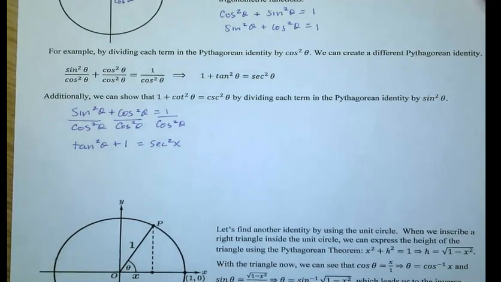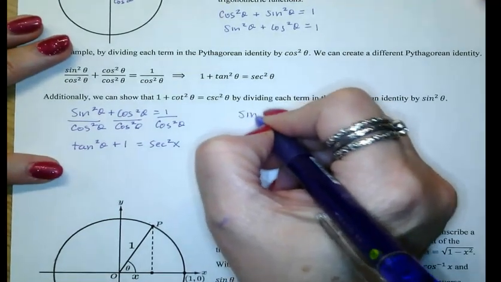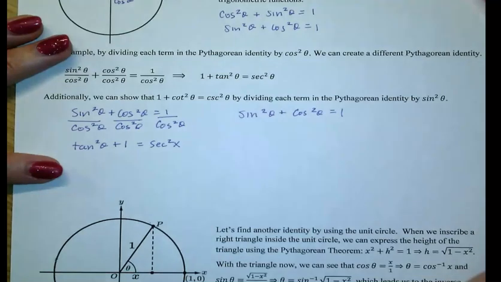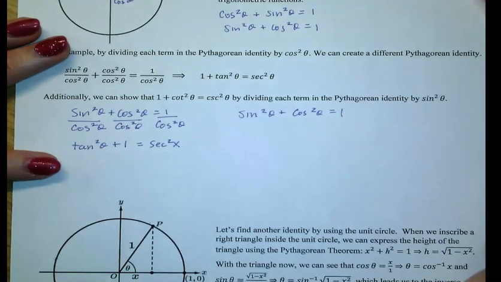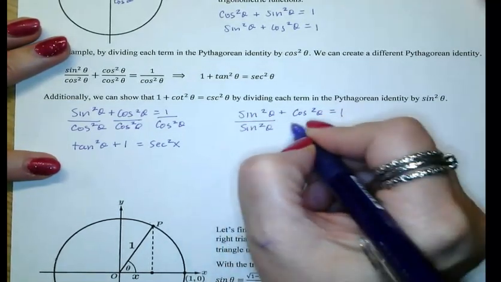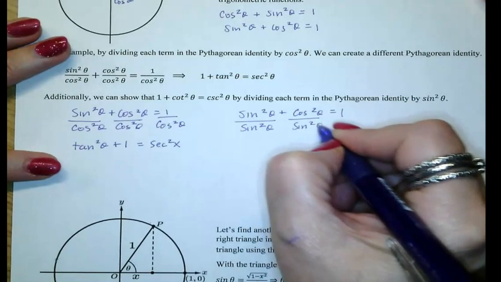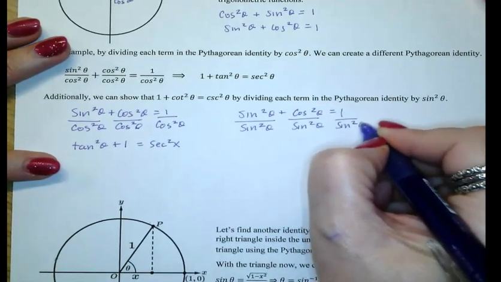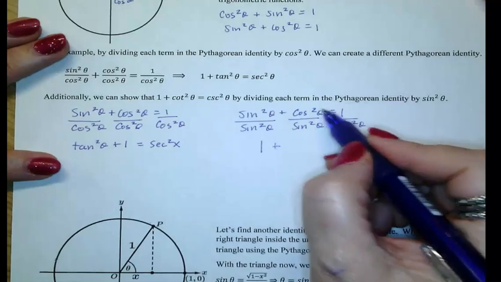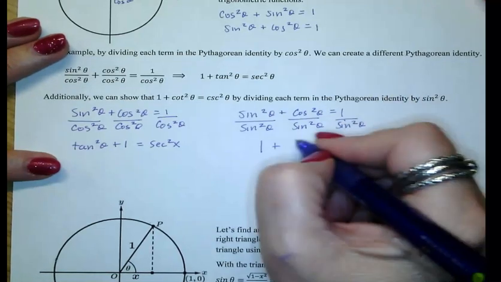We could also do the cotangent one by once again starting with the basic Pythagorean identity. But this time, since I want cotangent in my Pythagorean identity, and I know that cotangent is cosine over sine, I'm going to take everything here and divide it by sine squared. So sine squared over sine squared is 1 plus, I have cosine over sine, I now have cotangent squared.